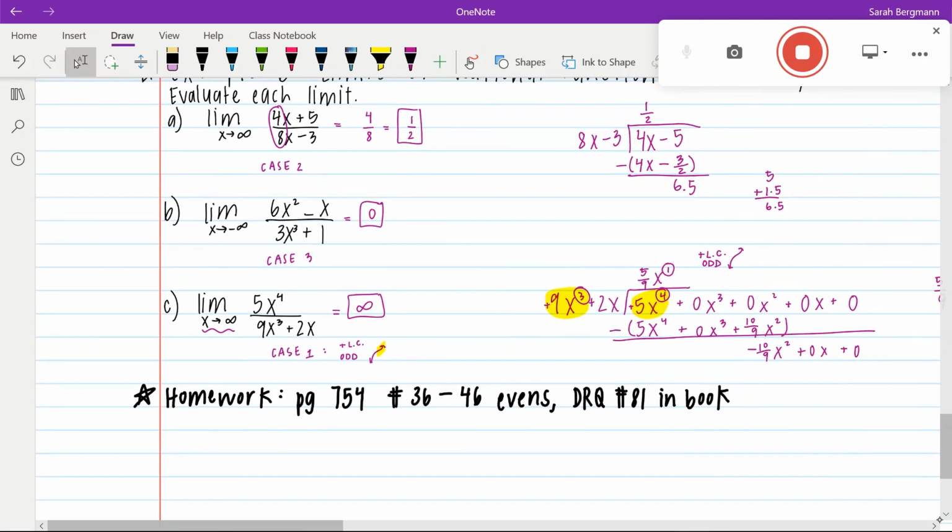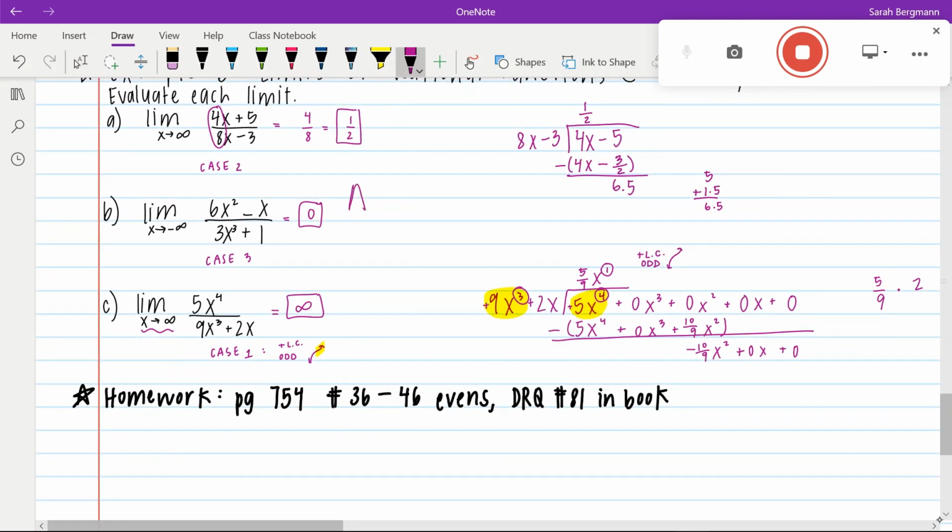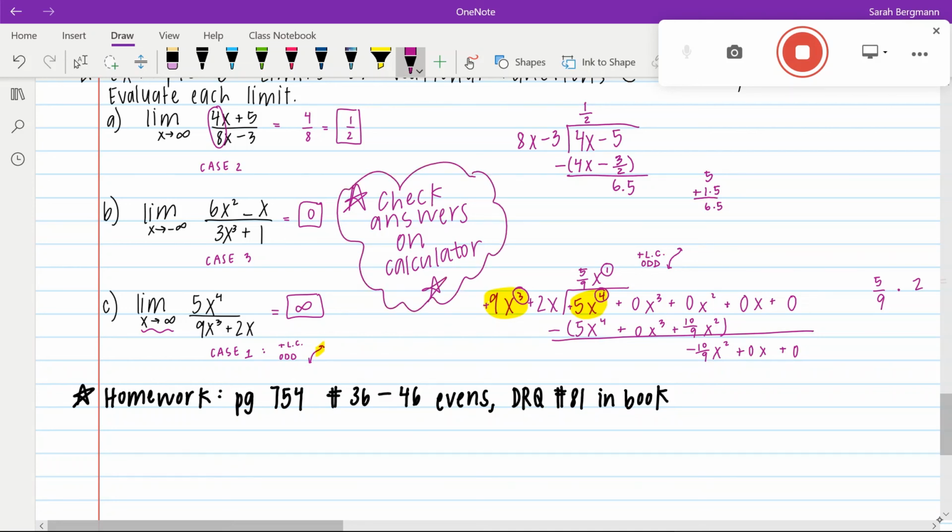Now, know that you can check all of these answers graphically or numerically on your calculator. However, this is just a different way to look at these functions and these limits algebraically.